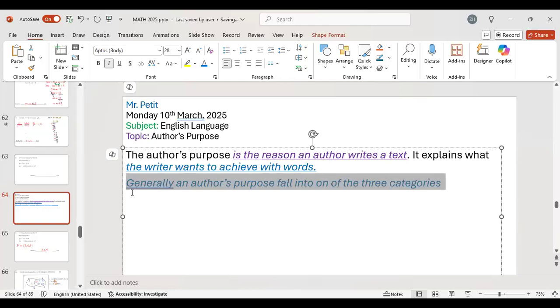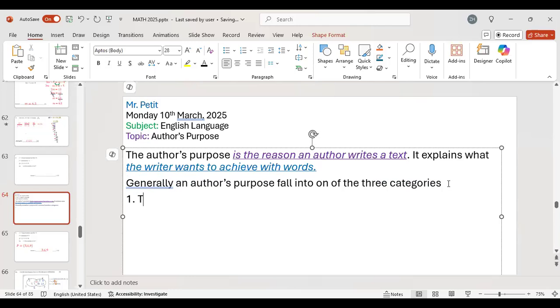So when writing, an author is either going to be doing one of three things, or maybe all three at once. Number one, to persuade. Number two, to inform. And number three, to what?